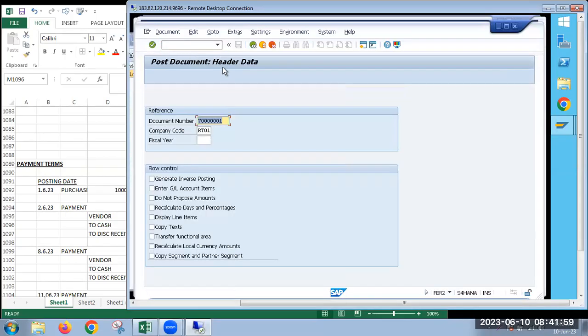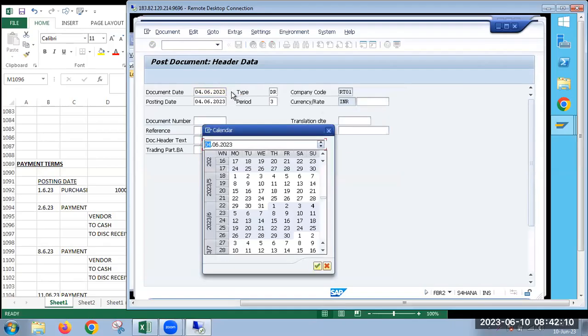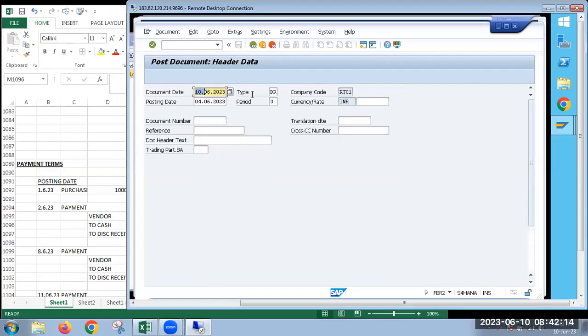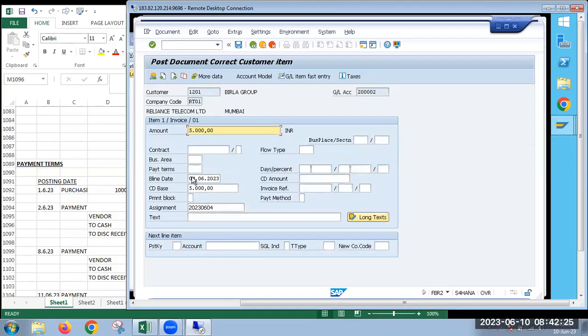With today's date, we will go for a transaction. Today's date is 10th of June, so I'll make it the 10th of June.